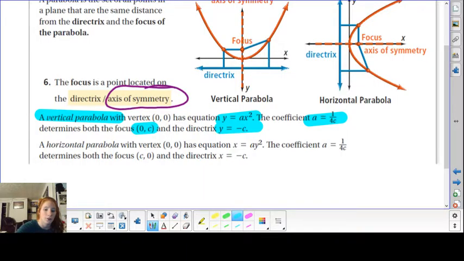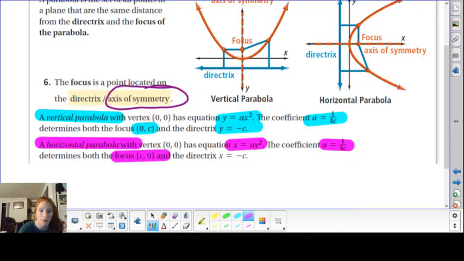A horizontal parabola centered at 0, 0 has the equation x equals ay squared, with the same a coefficient, which is determined by the focus. And the directrix is going to be x equals the opposite of c.